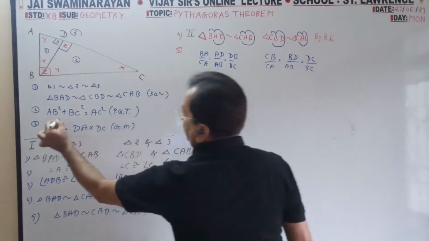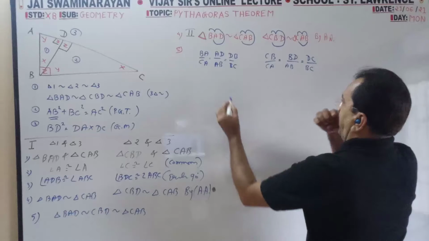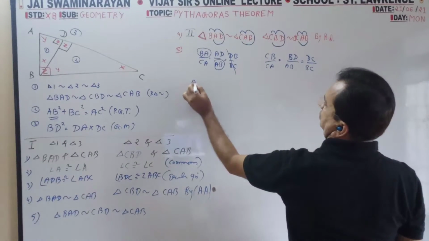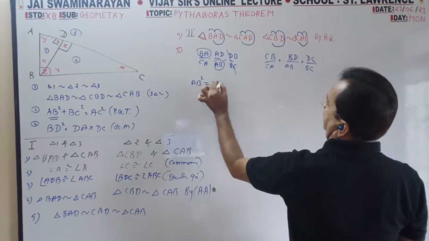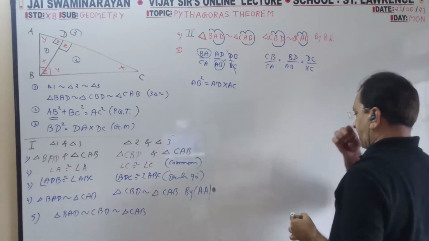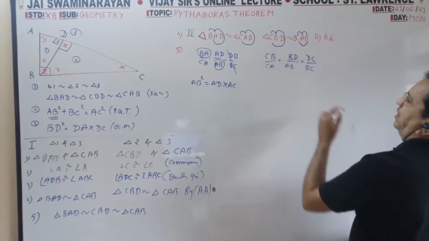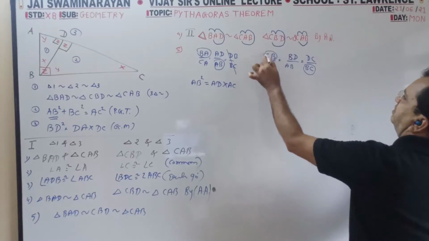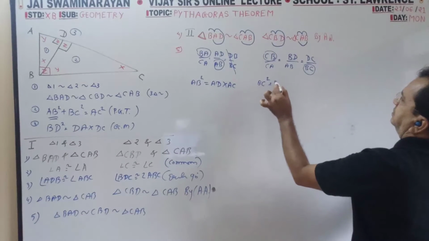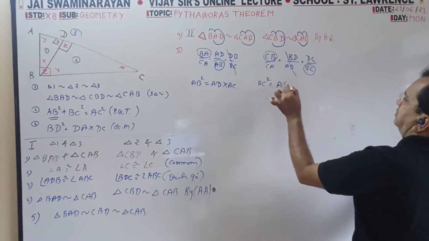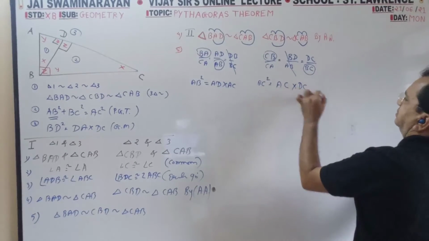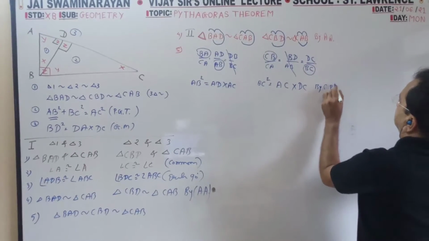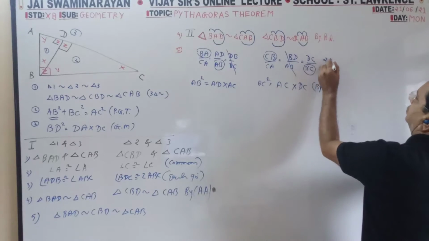Now we want AB square. Mark AB. Cancel this. So AB square is equal to AD into AC. Here we want BC. Cut this. AC, DC. By cross product. Here two triangles are similar.